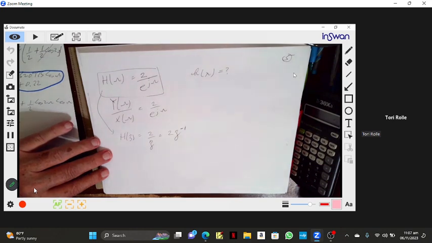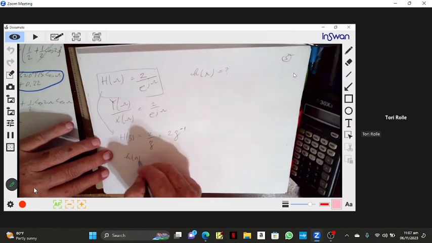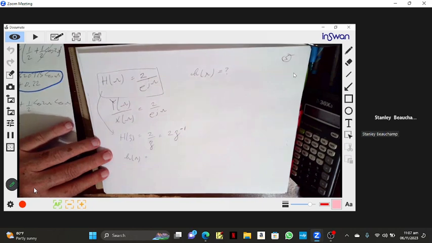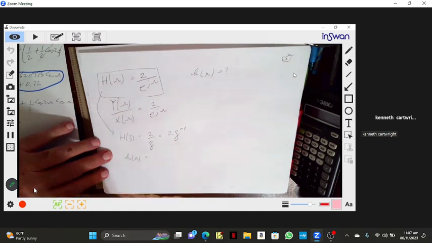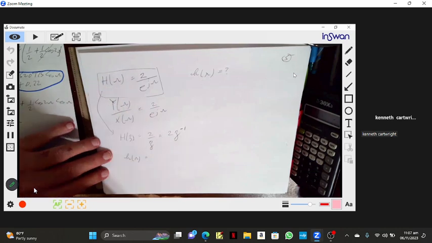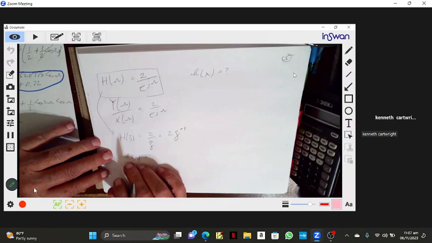So would it be h of n equals 2 sine open bracket n minus 1 or something like that? I don't know why you're guessing. You should know the answer to this since 320. Well, we didn't call it h of z then. We called it h of s then.